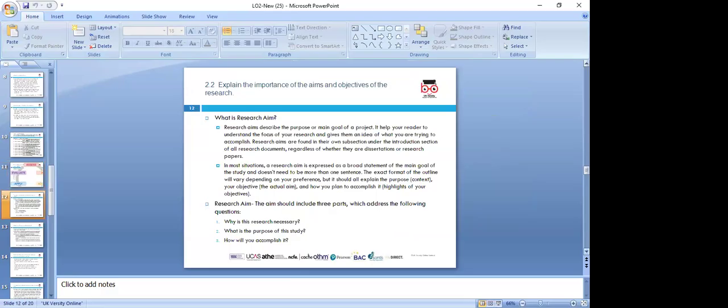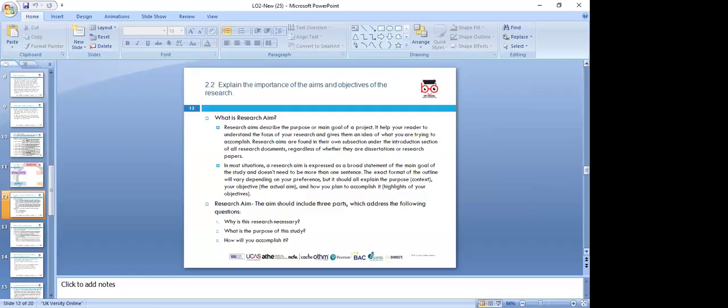Good, good. And so I mentioned that the reason why you do timelines is that your timeline should give you a chronology of the things that you seek to do from the start of your research to the end. And I mentioned that you cannot put a literature review before your aims and objectives. Every research has an aim and an objective.